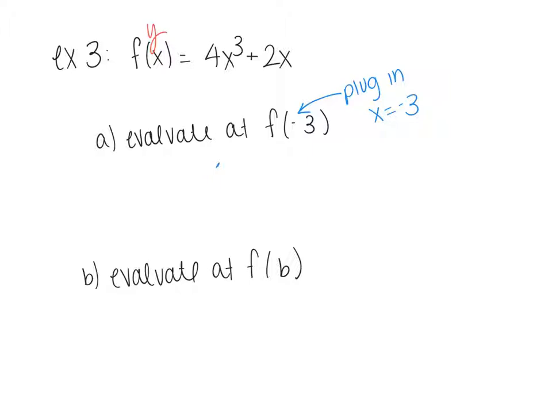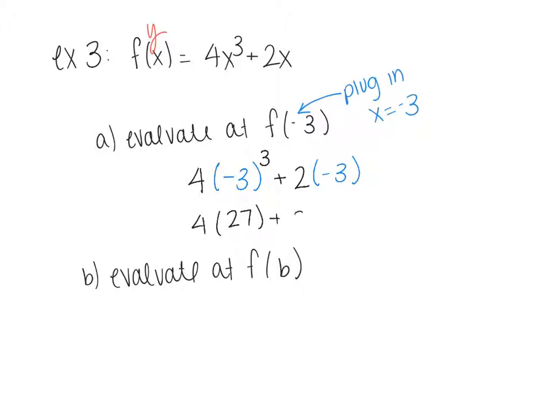So I have -3, and I'm replacing x with -3, so 4 times -3 cubed, plus 2 times -3. So I'm going to evaluate this. Well, my order of operations says evaluate exponents first. -3 times -3 times -3 will give you 27.